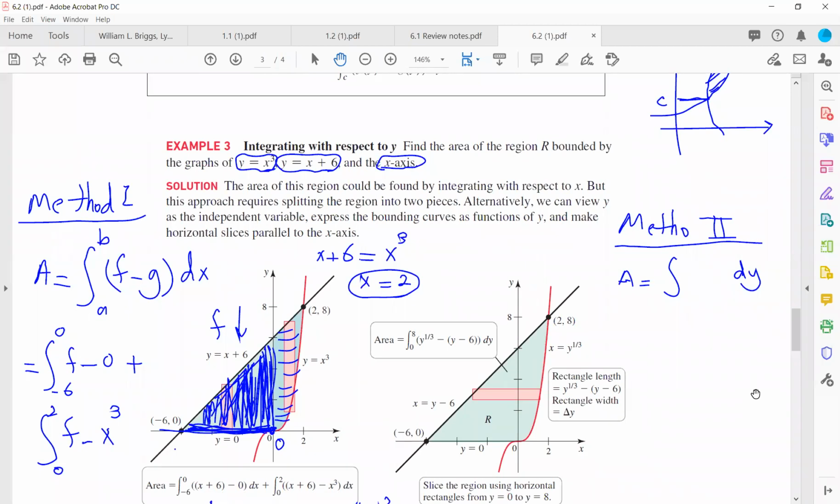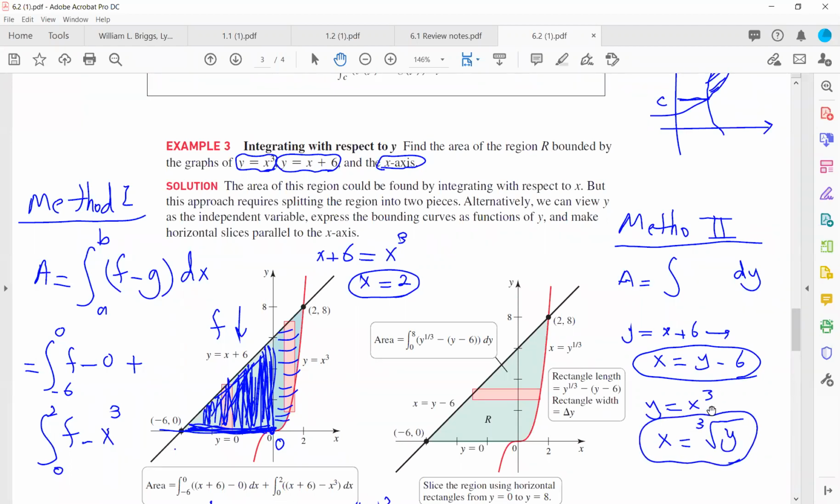First of all, when you're taking the integral with respect to y, your first function is y equals x plus 6. Now x is y minus 6. The second function is y equals x cubed, so x is the third root of y.